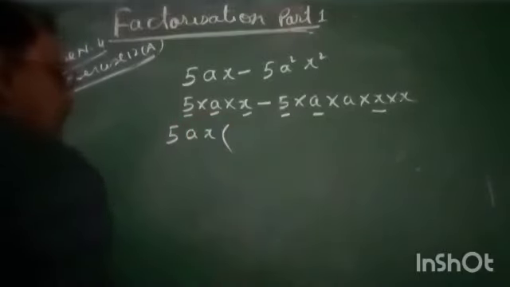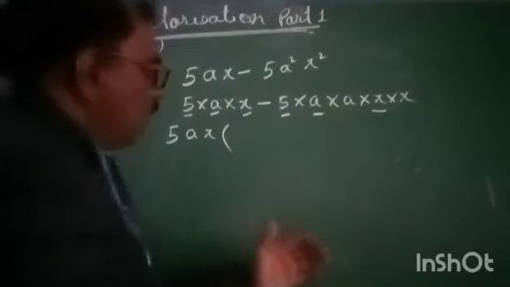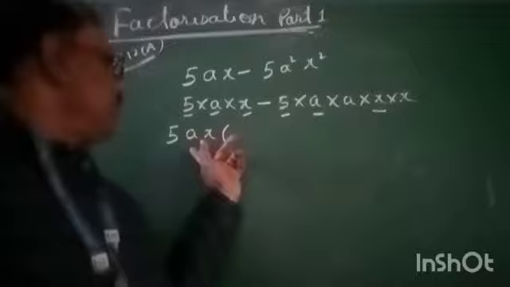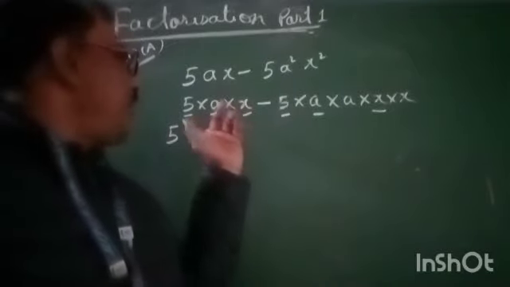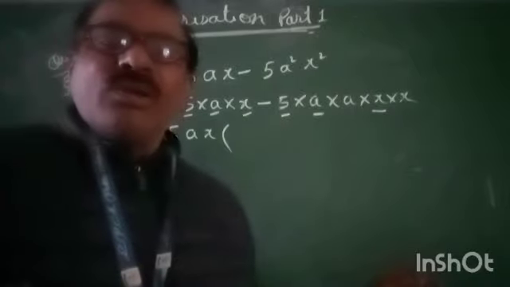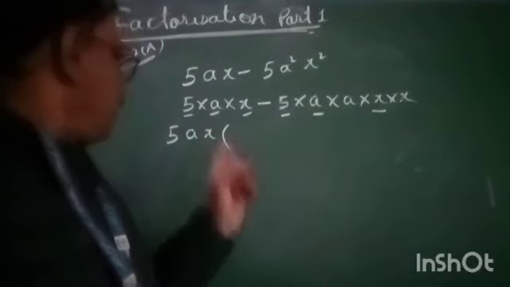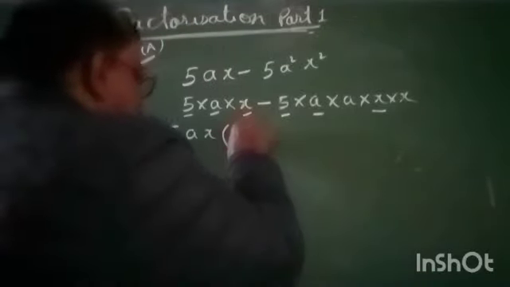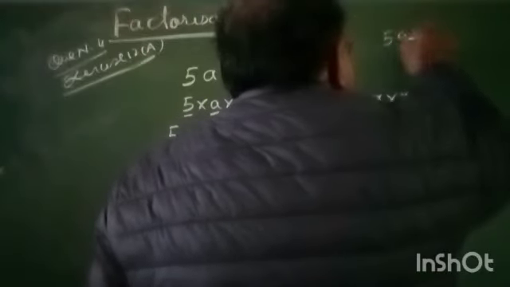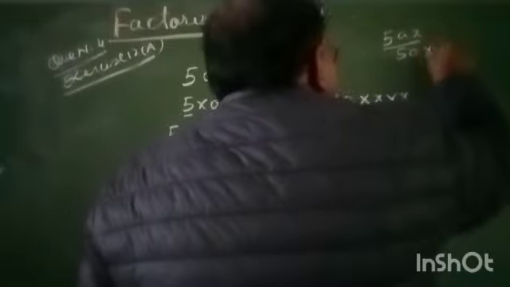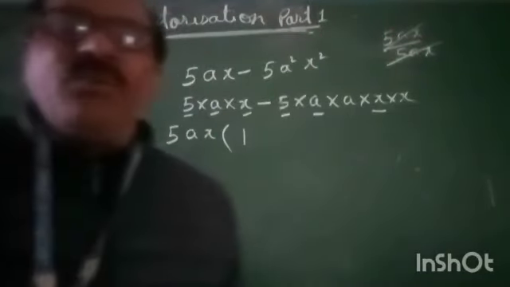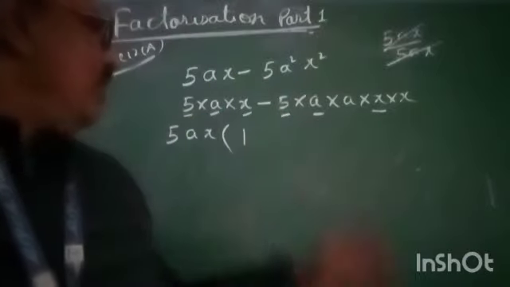Now after this I will divide 5ax by 5ax. When you divide 5ax by 5ax, we get 1, because 5ax is cancelled by 5ax.